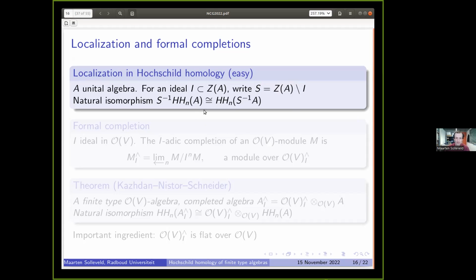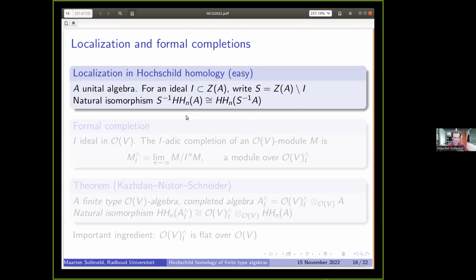And then you can localize an algebra by adding the inverses of this multiplicatively closed set. And this operation, tensoring with S inverse, is an exact operation. And it's easy to see that this produces a natural isomorphism between first localizing and then Hochschild homology, or first Hochschild homology and then localizing.